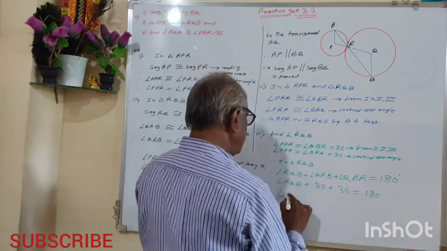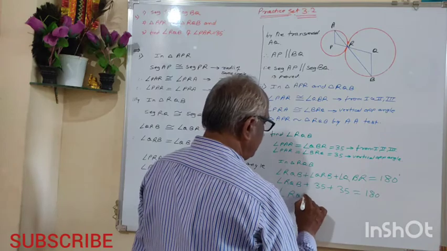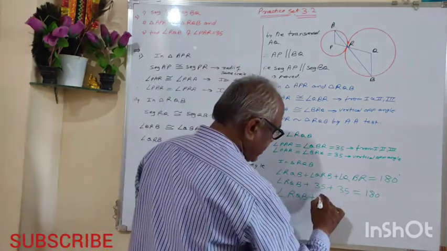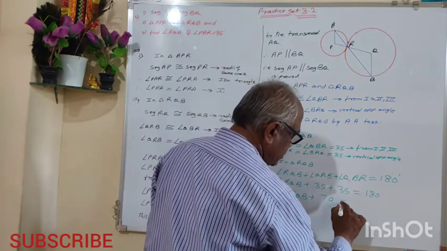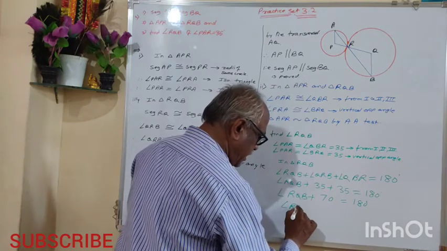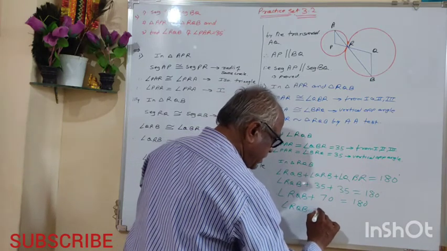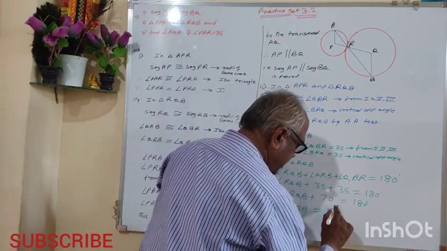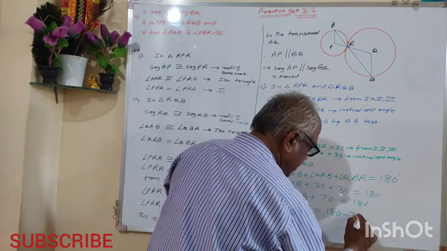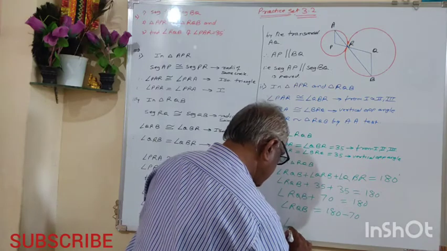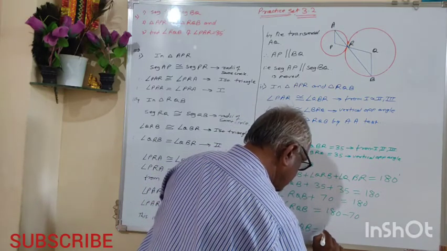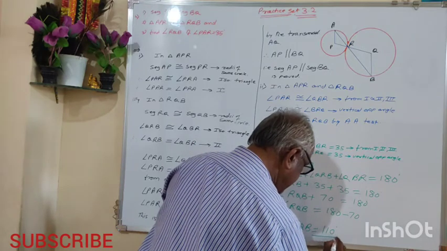That is angle RQB plus 35 plus 35, that is 70, equal to 180. Angle RQB is equal to 180, and the 70 shifted to the other side becomes minus 70. So angle RQB is equal to 110 degree.